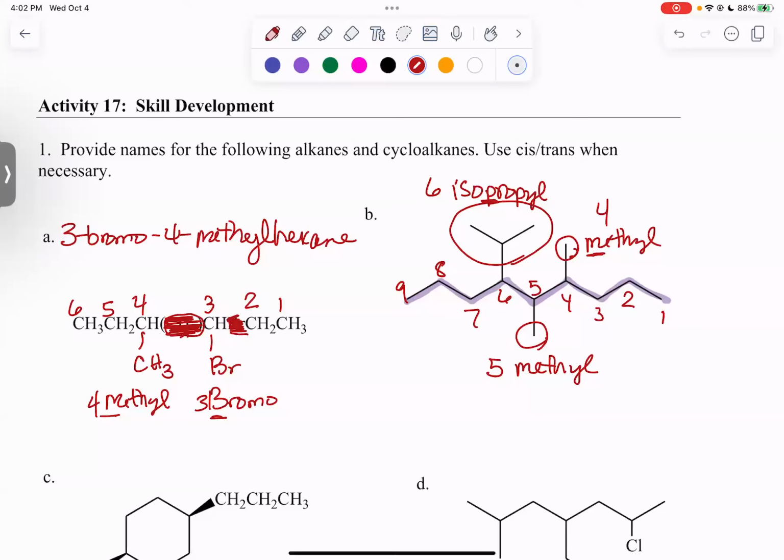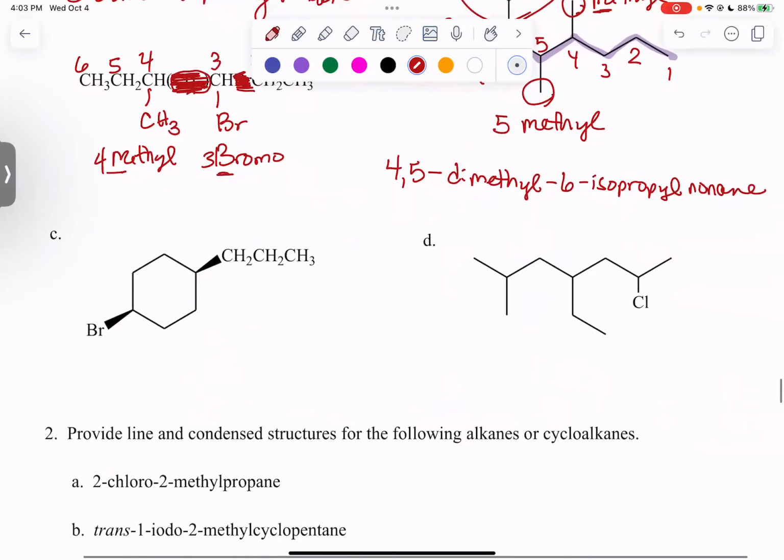So now I want to put my methyls first. So I'm going to say 4,5-dimethyl, and then 6-isopropyl. And then I have 9 long, that's nonane. Okay. The more you do, the better you're going to get.